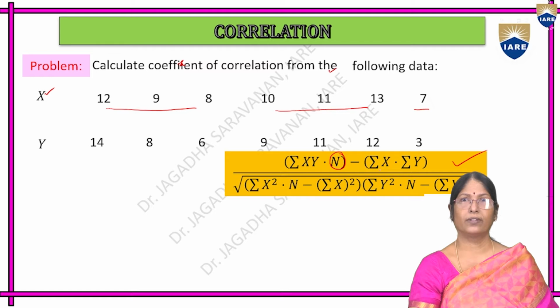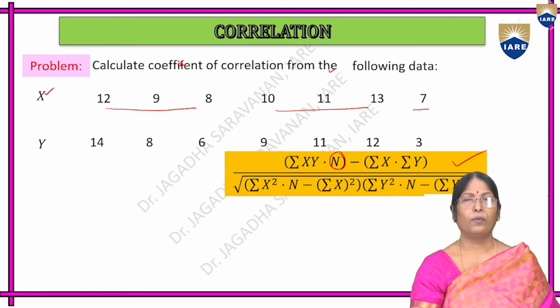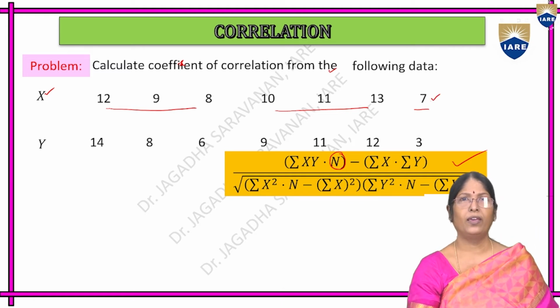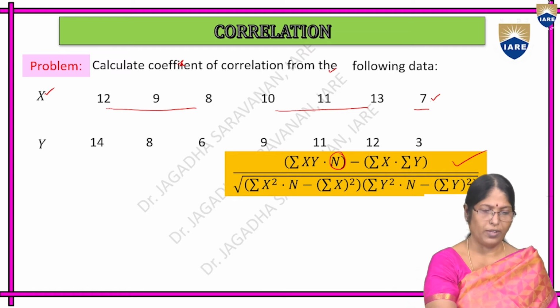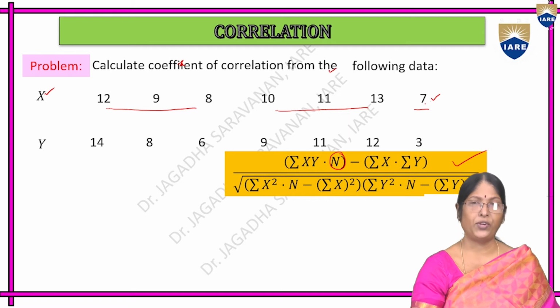Summation X: the X data, we will find the sum, we will do the addition. For the first row data, it is nothing but summation X, because we named the variable X under which the data are given, and we find the addition.